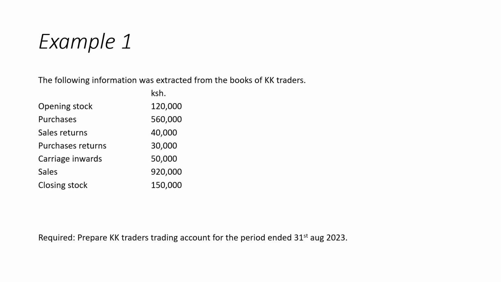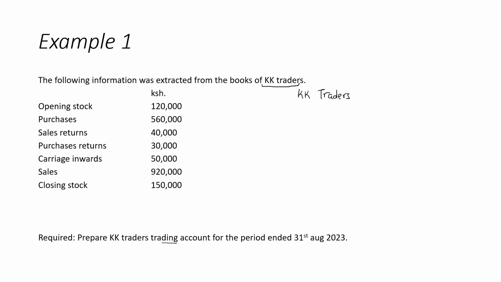Now I'm going to guide you on doing this one. Now we start with the name of the business, KK Traders. So we have it here, KK Traders. Then we are preparing the trading account.